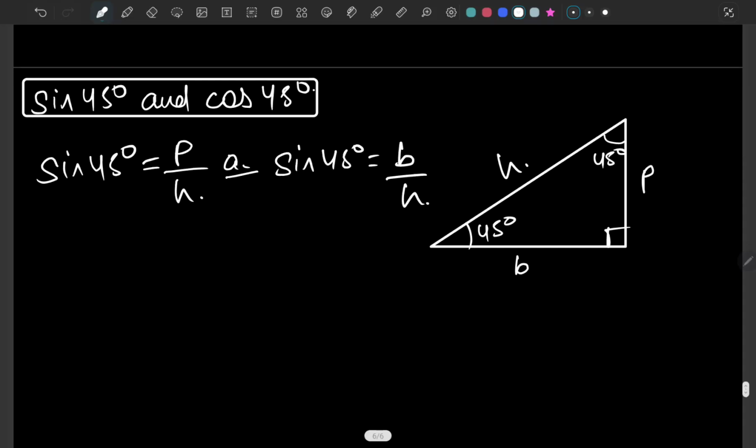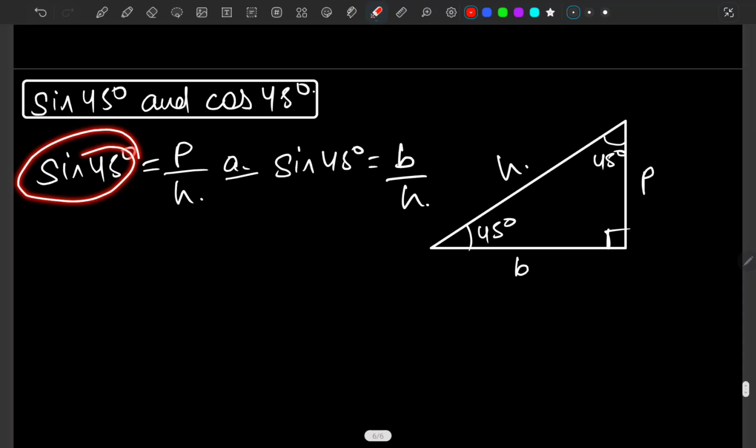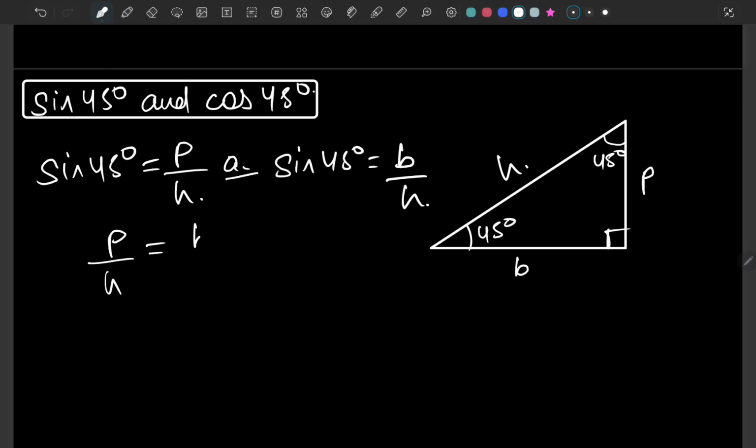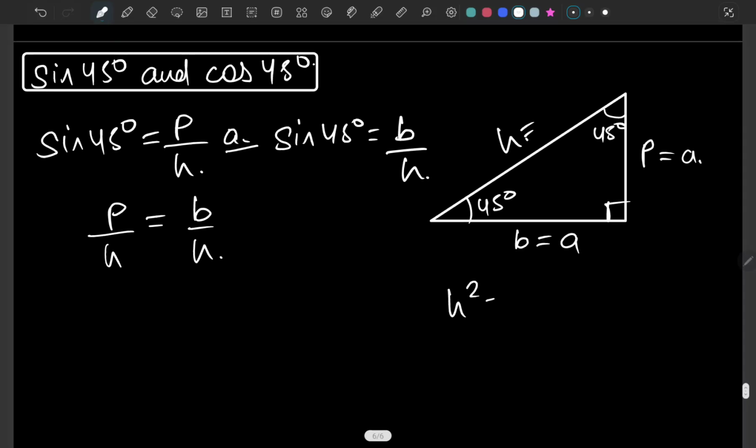It means that if sine 45 and sine 45 are equal, the ratios are equal as well. So P over H equals B over H. It means these two sides are equal to each other, because H and H cancel out. So for our convenience, let's say this is A and this is A as well, and by Pythagoras theorem, H squared equals P squared plus B squared.